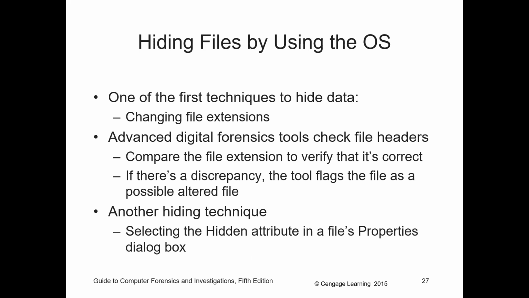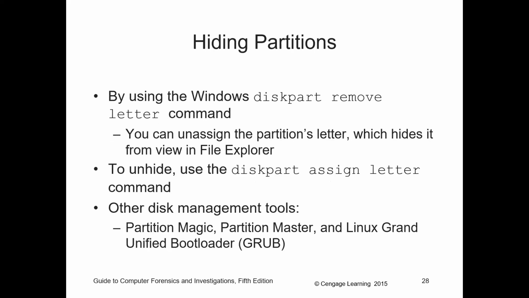If there is a discrepancy within the headers, then the tool flags the files as a possible altered file. That is one of the things that forensic tools help us to get. Another hiding technique is selecting the hide attribute in the file properties dialog box. And of course, we will see how to do some of this quickly.